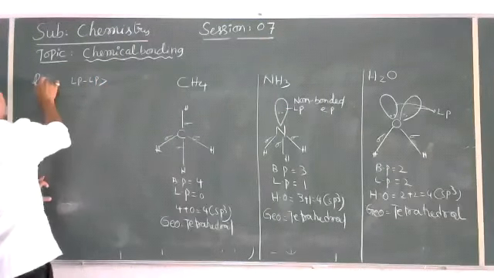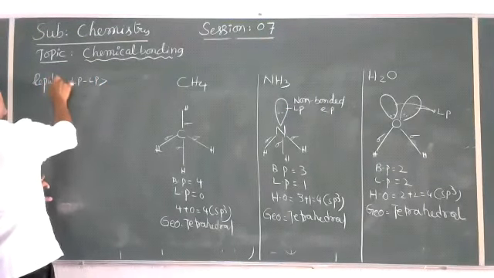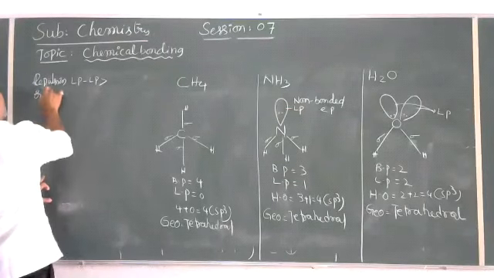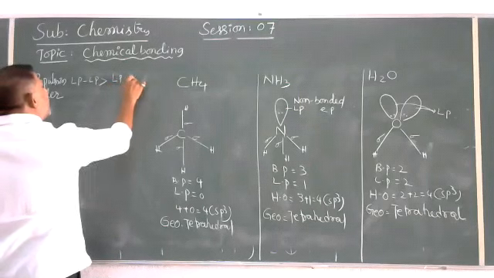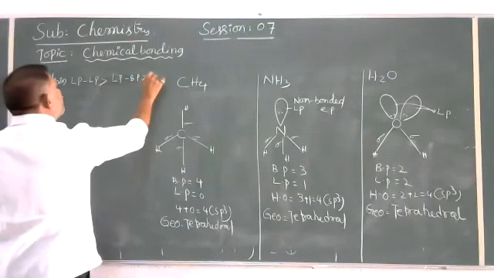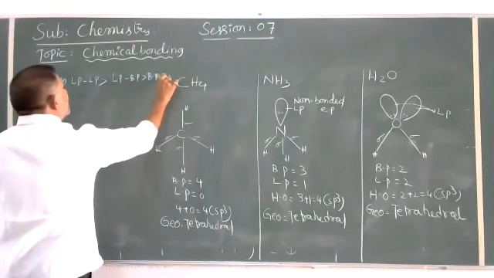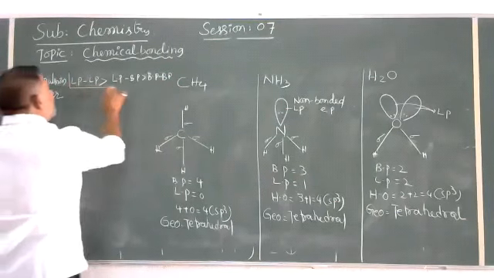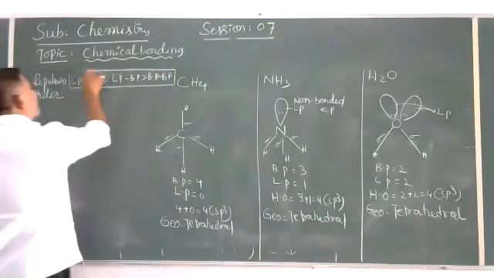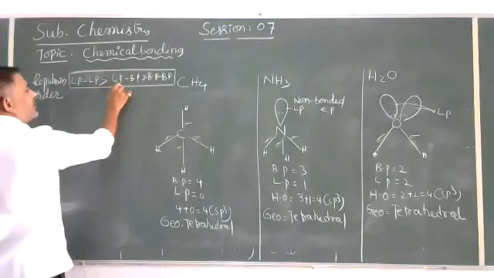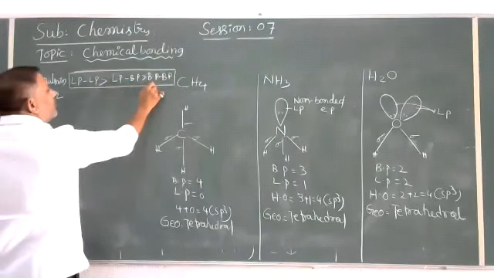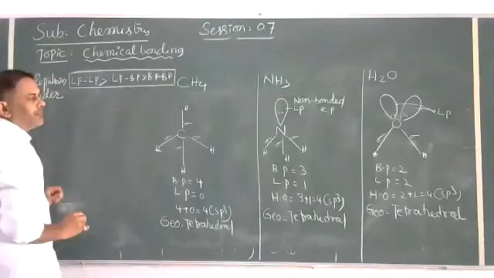This is the order of repulsions: LP-LP, then LP-BP, then BP-BP. So lone pair repulsions are more than lone pair and bond pair, which are more than bond pair and bond pair.